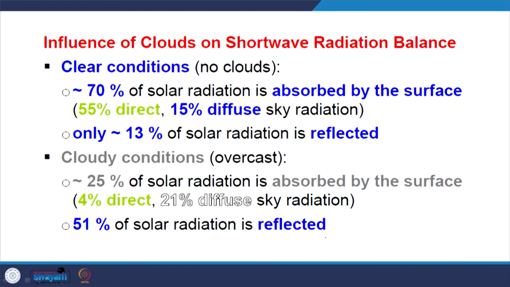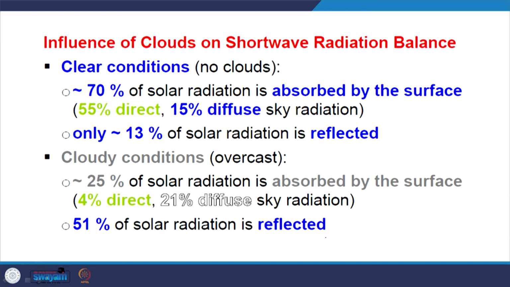Now, there are several small systems in the global atmospheric system. Let us say the influence of clouds on the shortwave radiation balance. Shortwave radiation is very important for the atmosphere because it is what creates the electrons and ions. But clouds and things like that will change this equilibrium. Let us say you have no clouds, clear conditions.